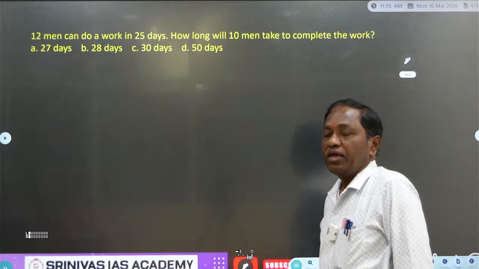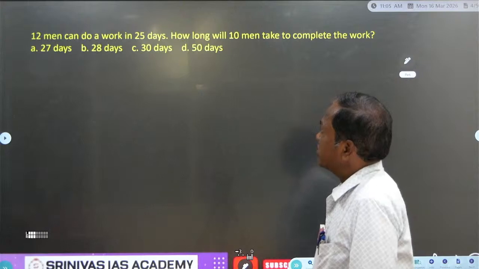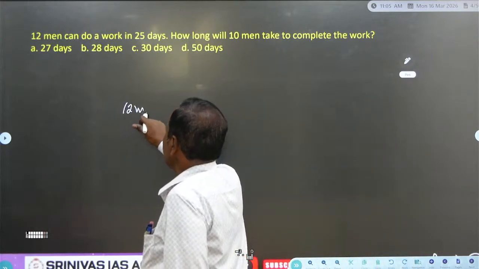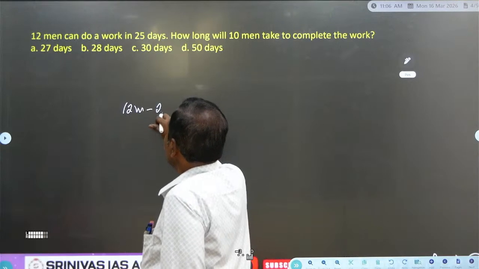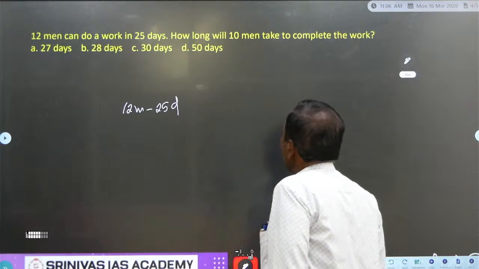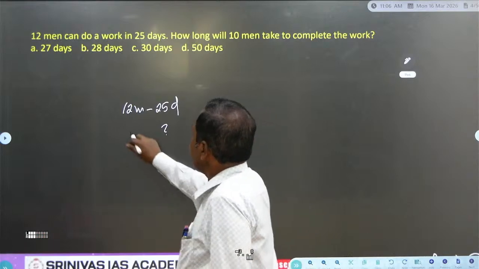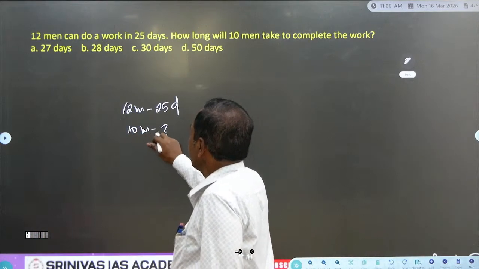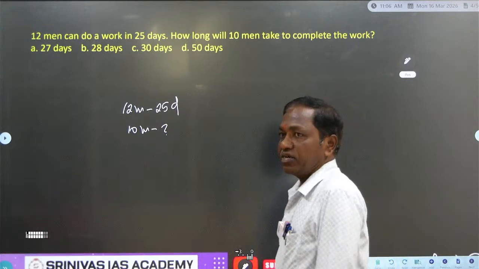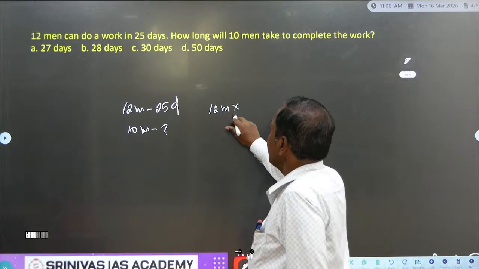Now, 12 men can do a work in 25 days. How long will 10 men take to complete the work? This is the information, that's all. It means total man-days are required. Total man-days is 12 men into 25 days.